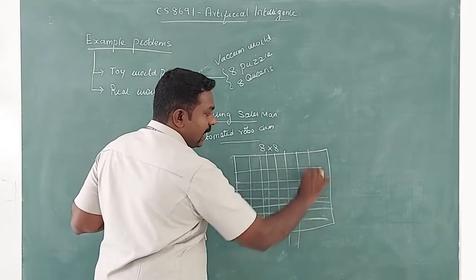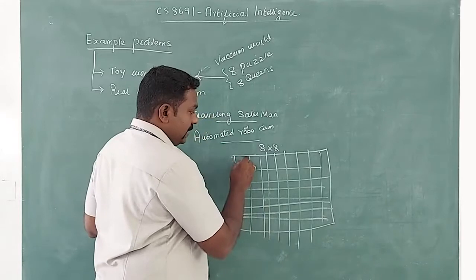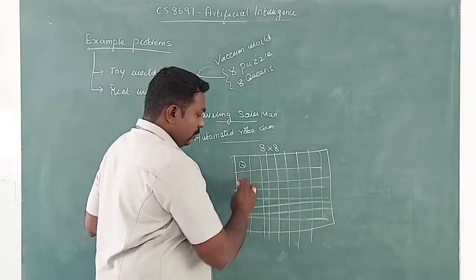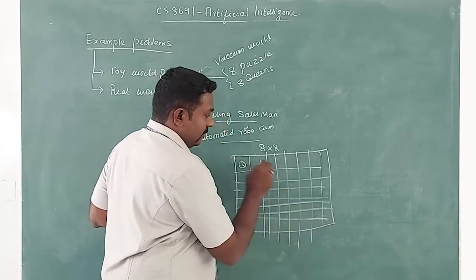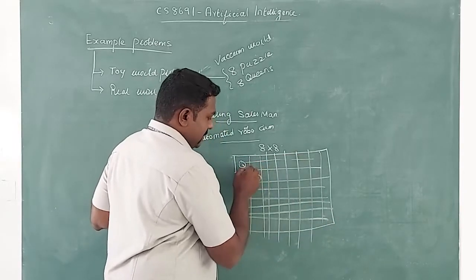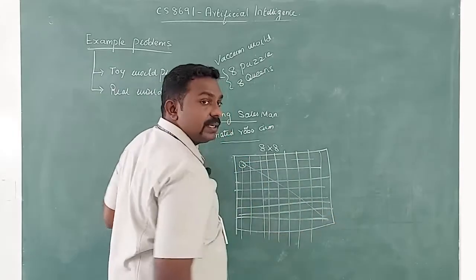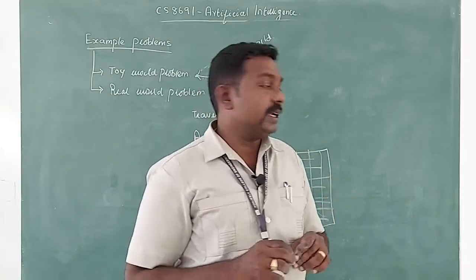The queens must be placed in such a way that 2 queens are not in the same row, the same column, or in a diagonal position. So you know that, right? You have already learned it in your second year.